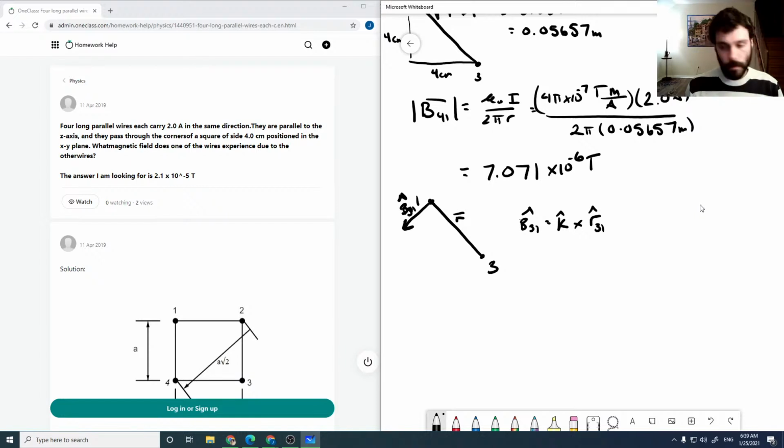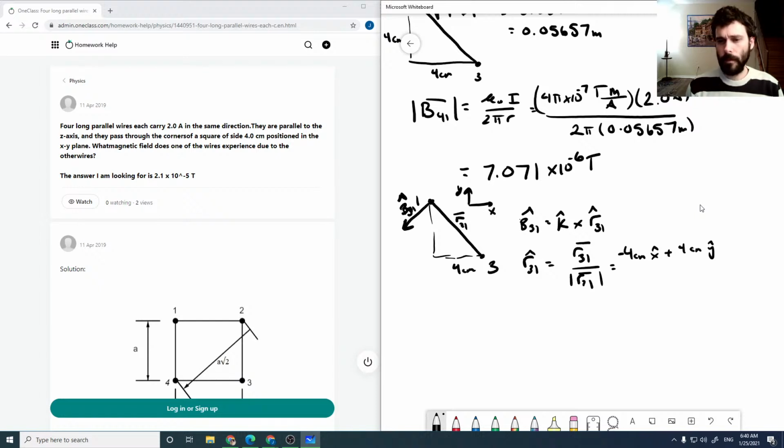Right, so if we figure out what R31 hat is, which is the R31 vector over the R31 magnitude, which is minus 4 centimeters in the x hat plus 4 centimeters in the y hat, in the axis system we're calling, over our magnitude, which was 5.657 centimeters.